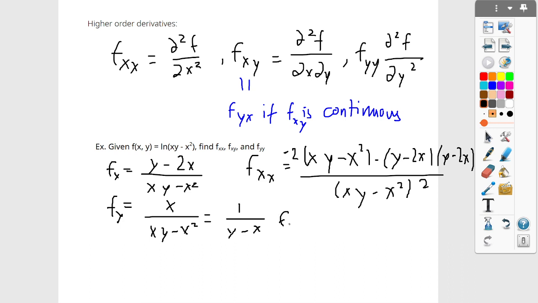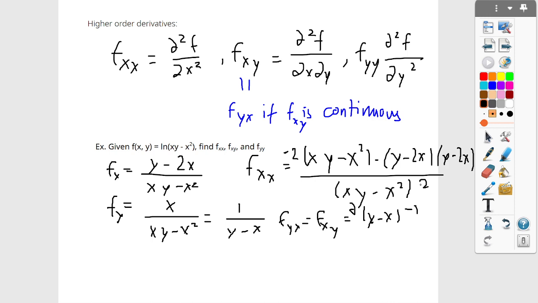What's f sub xy? Well, since f sub yx and f sub xy are the same thing if they are continuous, we can just do f sub yx, which is equal to f sub xy, because it's a lot simpler. And we could actually just take y minus x and make that y minus x to the negative first power, and take the derivative of that.